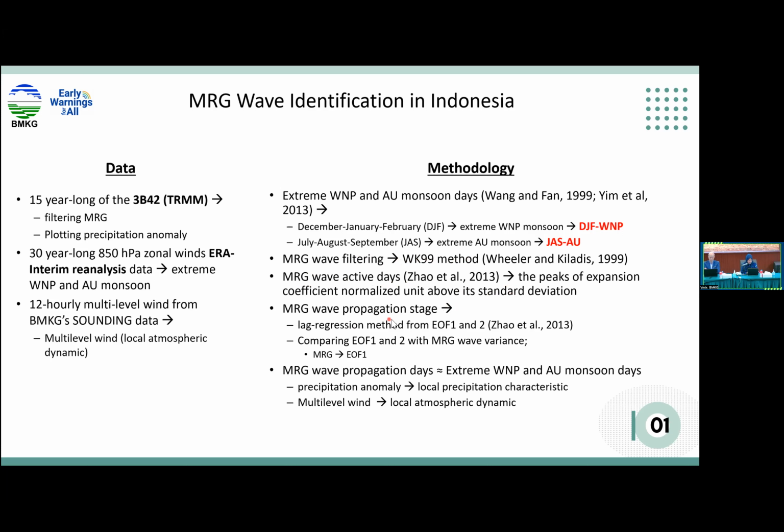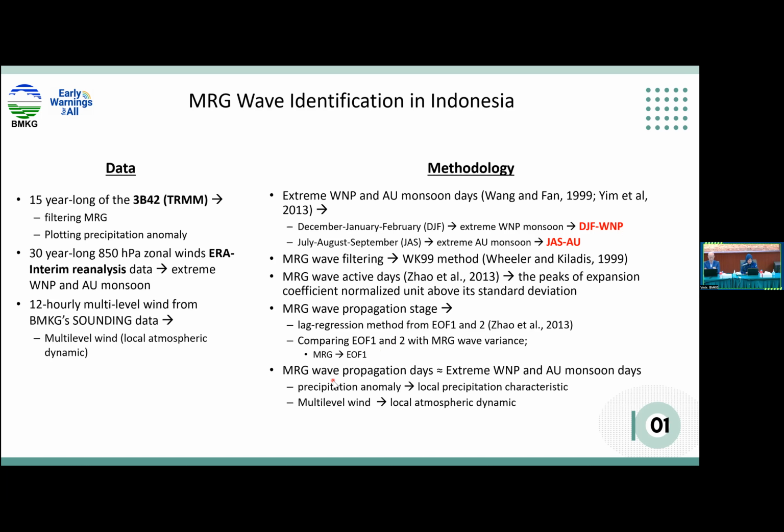For MRG wave propagation stage, we also use two empirical orthogonal functions with the lag regression method. We compared those two, EOF1 and EOF2, and found that EOF1 is better and gives the best pattern for the MRG wave.